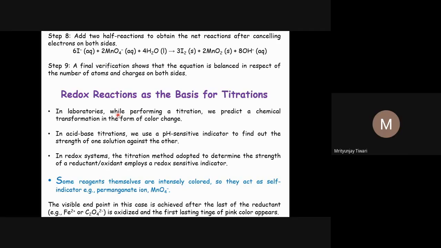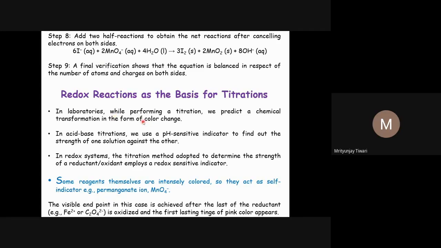But some reagents do not undergo color change, or even if it happens, the color change is not intense or sudden. To make the color change appear to us, you need to add much extra amount of that reagent. That extra amount will mislead your calculations, so you won't get the exact amount.